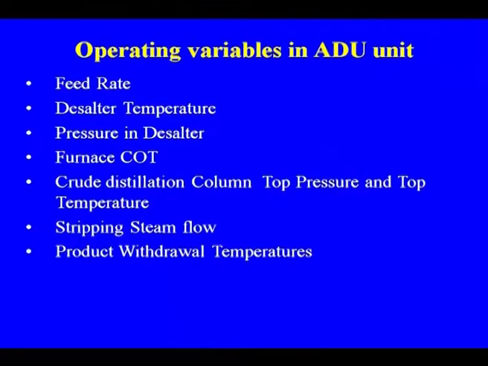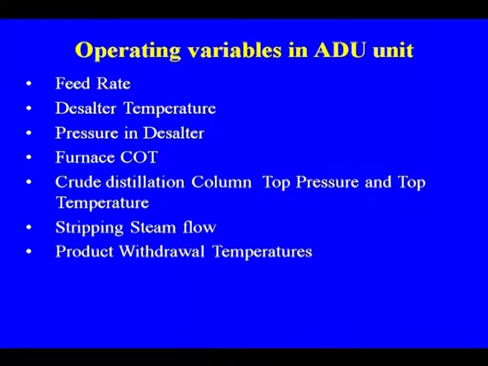But these are some of the operating parameters which are going to affect the separation process in the atmospheric distillation column: the feed rate, desalter temperature, pressure in the desalter, furnace coil outlet temperature, and crude distillation column temperature, because whatever the temperature you are going from the desalter, it has to be heated, and after preheating that will go to the atmospheric distillation.